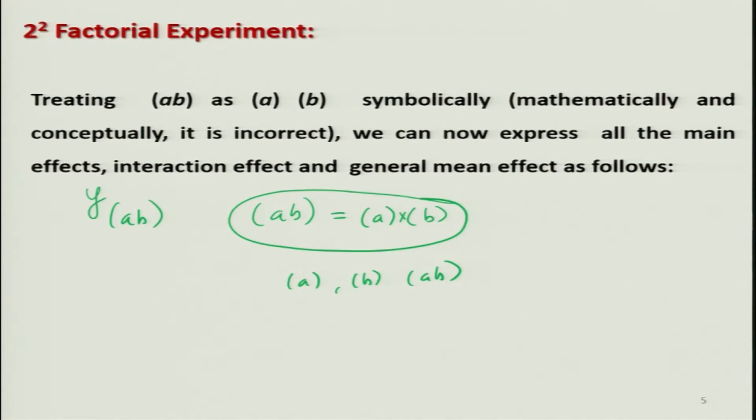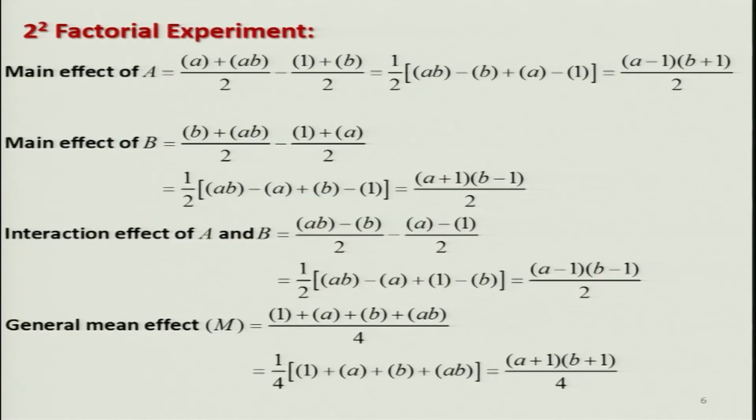So now we are going to explore how the main effects and interaction effects, including the general mean effect, can be expressed using 1, A, B, and AB. If you try to recall, in the last lecture we had considered a very simple example based on two levels of irrigation and two levels of nitrogen.